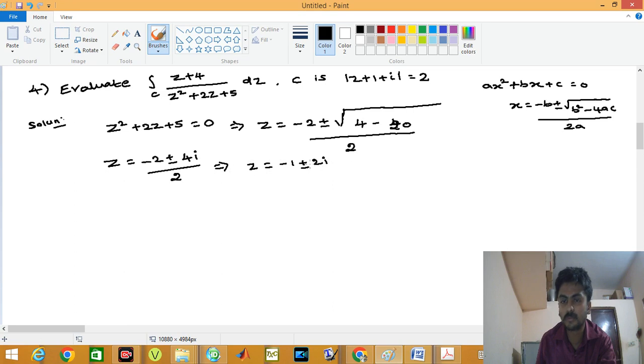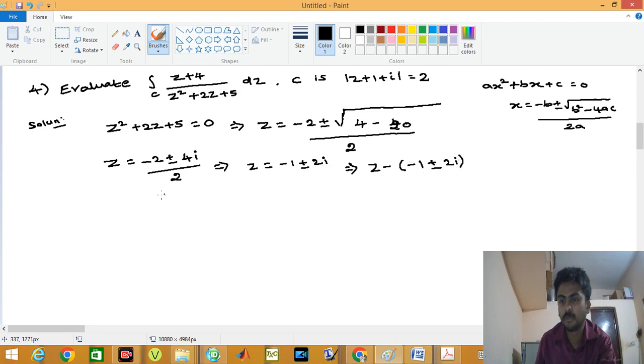Now we have to make this denominator in the form of z minus a. So it becomes z minus (minus 1 plus or minus 2i).